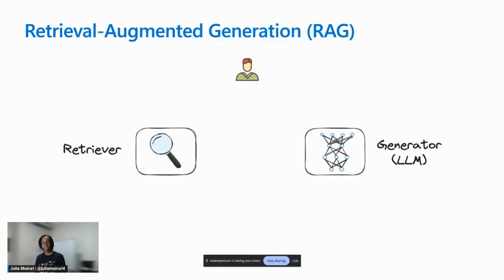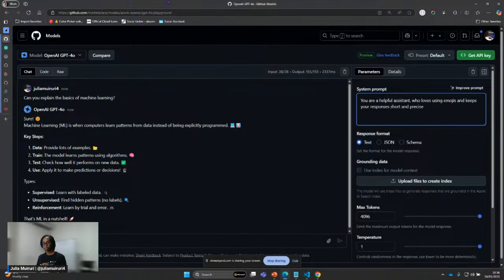But then the second thing that you can do is, when you're working with these particular models, you can set a token limit. And I think for that, I will just go back to GitHub Models. Okay.